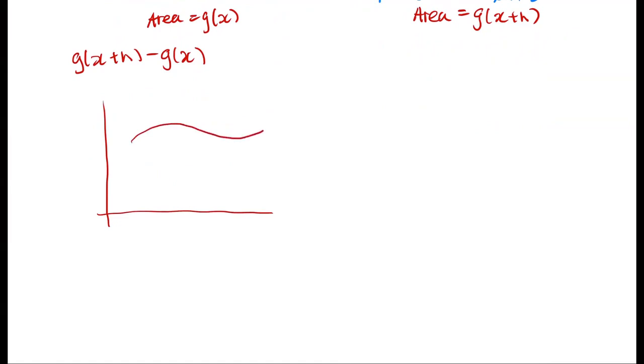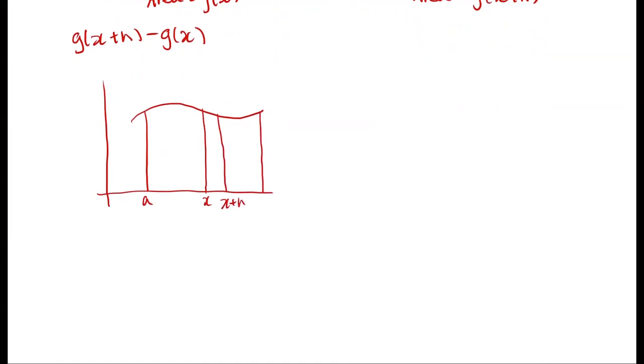So if you have this graph, you have A, let's say this is X here, this is X plus H, and then this is B. I'm going to use different colors for this. For the first area, let's say we have the area of G of X plus H given by this here. So this is what we have for the first part.